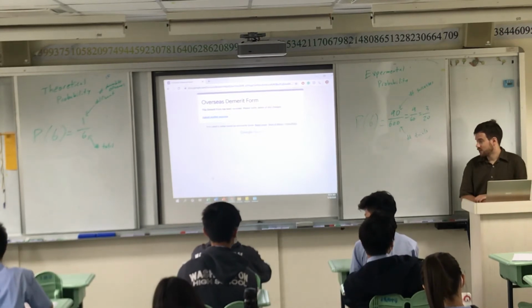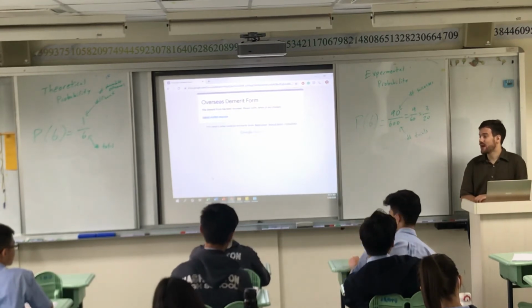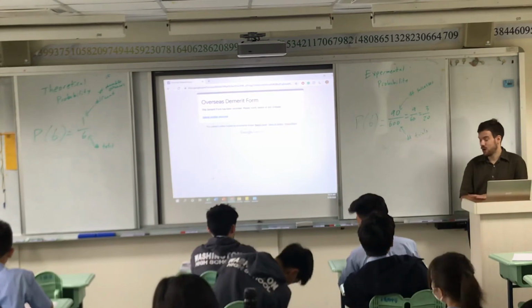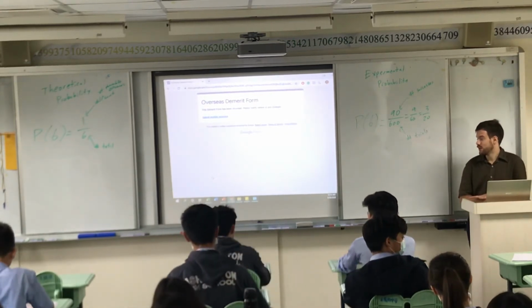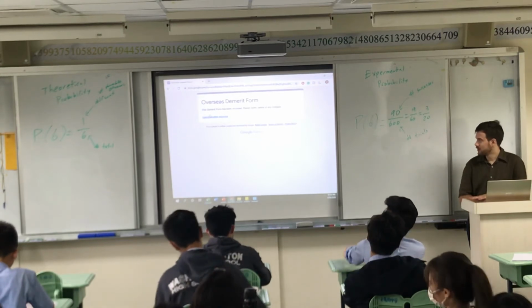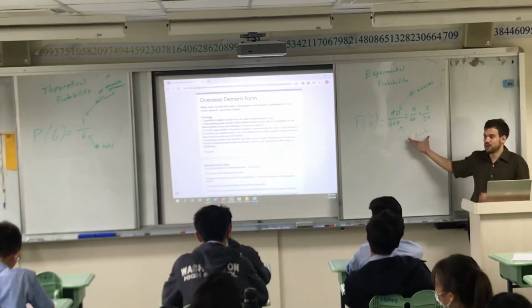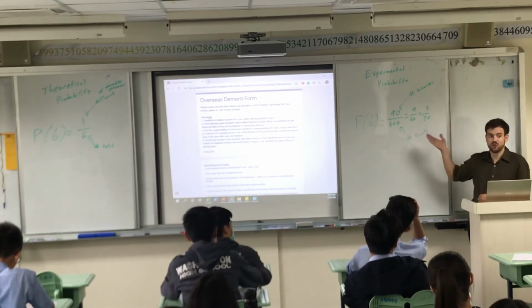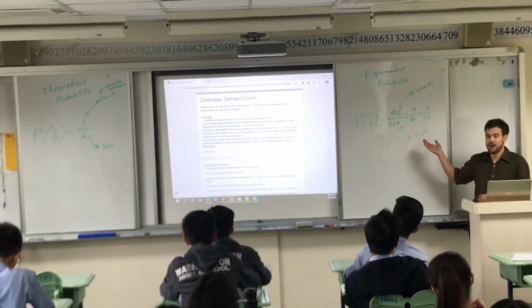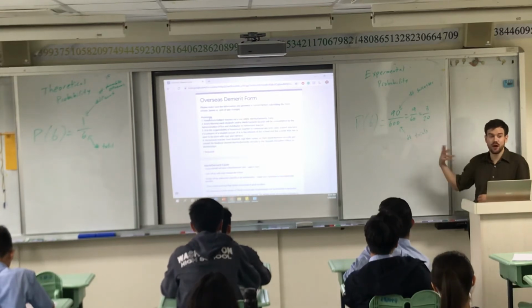Well, experimental and theoretical probability I already talked about. All the other probabilities are theoretical. Experimental literally asks you to go out and flip the coins in real life, to actually run the experiment by hand.